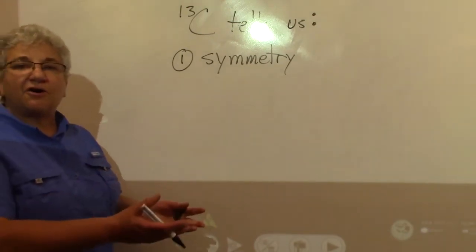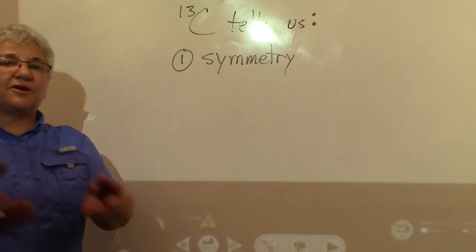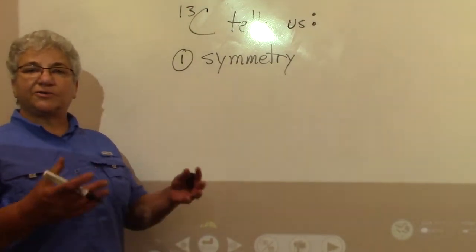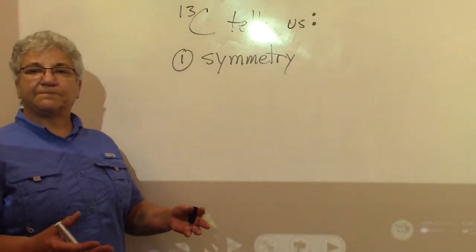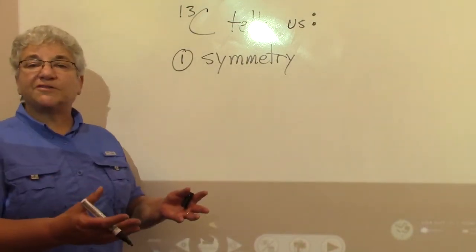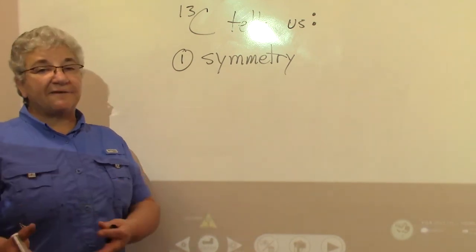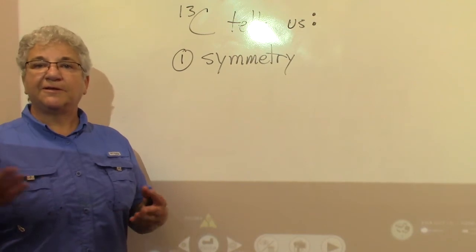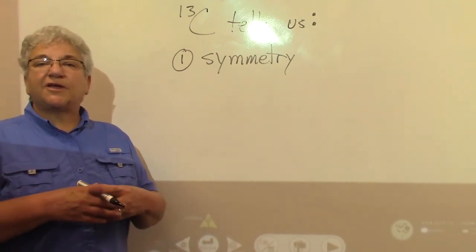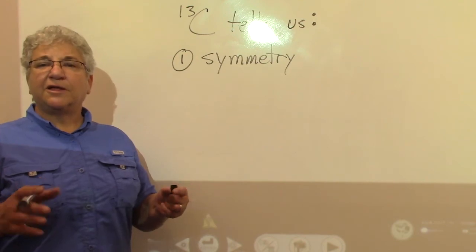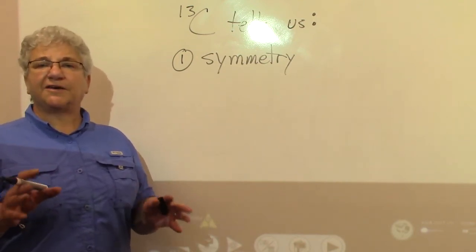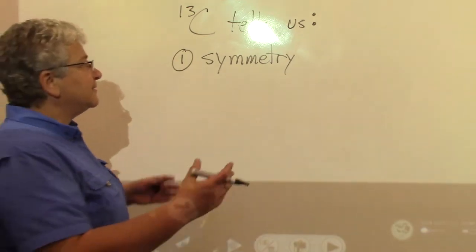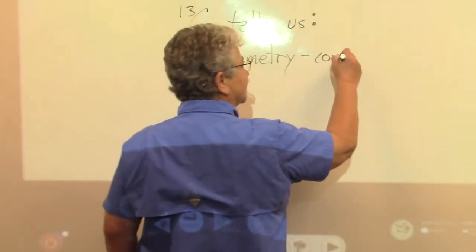If there are 5 carbons in your spectrum, and there are 10 carbons in your molecule, then you know your molecule is completely symmetrical. If there are 5 carbons in your spectrum, and 7 carbons in your molecule, which you know because you have a molecular formula, then you know that you don't have a completely symmetrical molecule, but parts of your molecule must have some kind of symmetry. So symmetry, count the number of peaks.